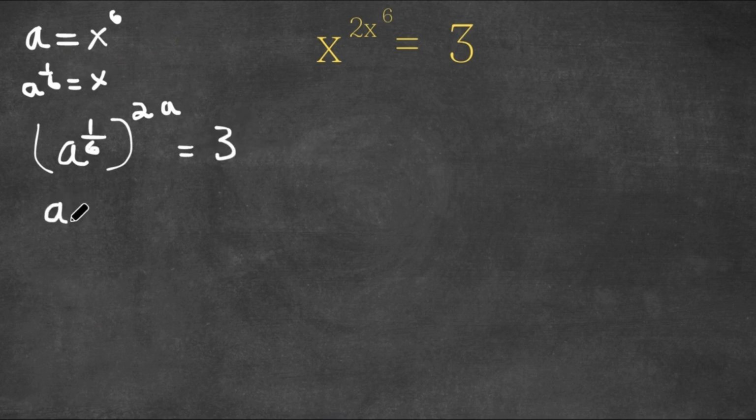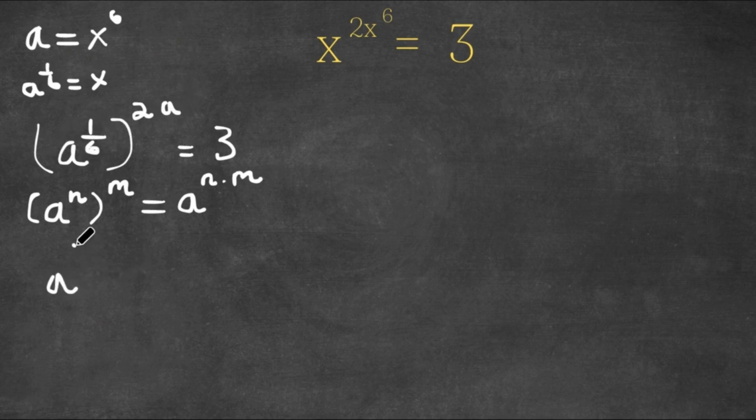Now, if we have something in the form a to the power of n to the power of m, this is actually equal to a to the power of n times m. So a to the power of 1/6 to the power of 2a is equal to a to the power of 1/6 times 2a.